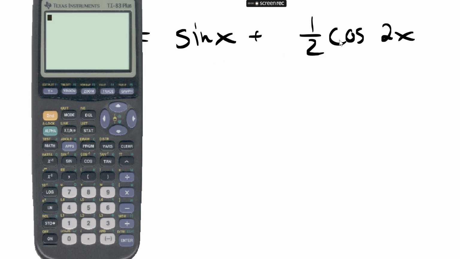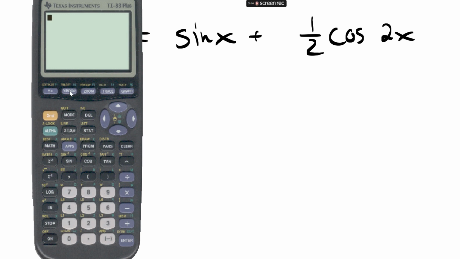So wait, the highest this thing can go is 1 plus 1/2. So 1.5 is the highest this guy goes. The lowest this guy can go is -1, and the lowest this guy can go is -1/2. So this becomes -1.5 lower.